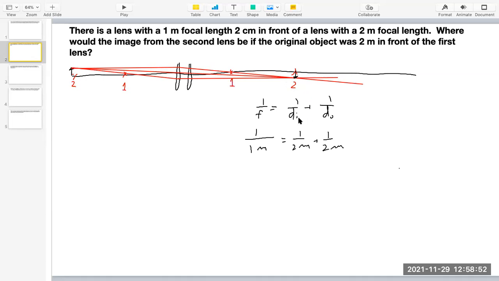So that is our object for our second lens, which if it's 2 meters behind the first lens, this is 2 centimeters, then it's going to be 1.98 meters behind the second lens. So 1 over its 2 meter focal length is 1 over our image distance plus 1 over minus 1.98 meters.